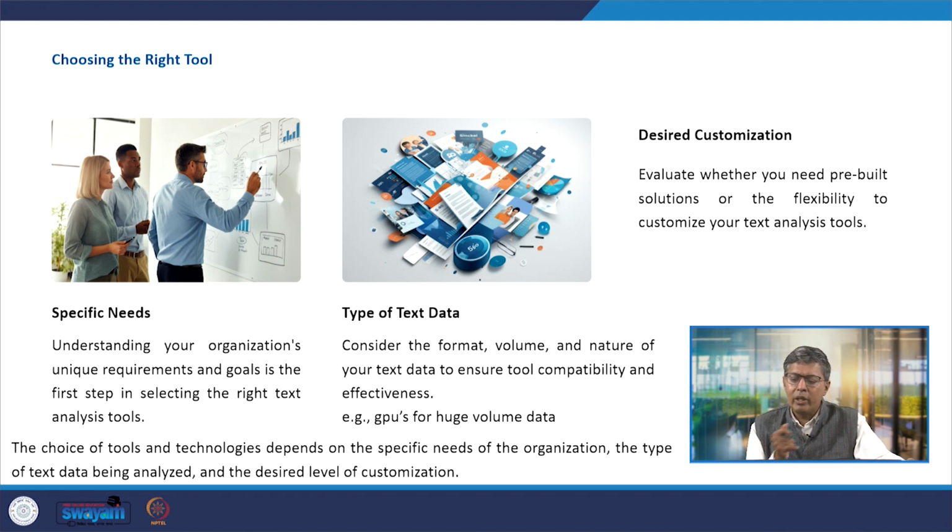Evaluate whether you need pre-built solutions or the flexibility to customize your text analysis tools. So, what kind of customization you require, accordingly also your tool will vary. All these things are very important from a business perspective, because the company can look at the need, the type of data and the amount of customization it requires, and then go for the selection of the tool, right.